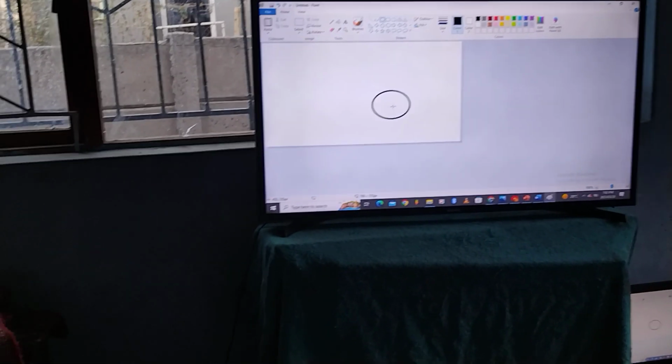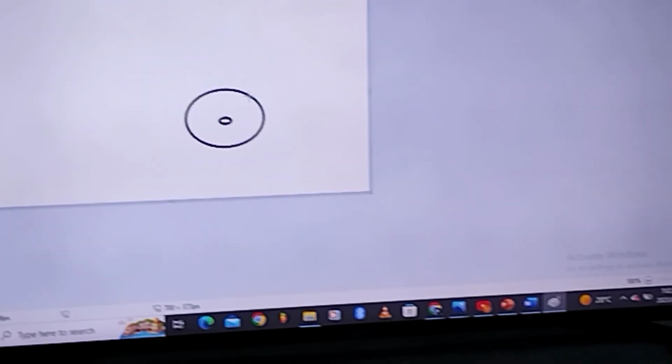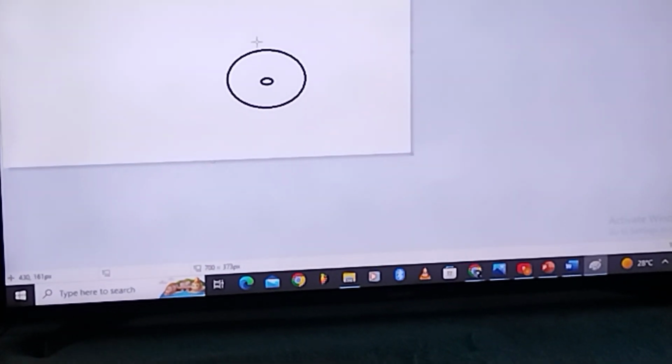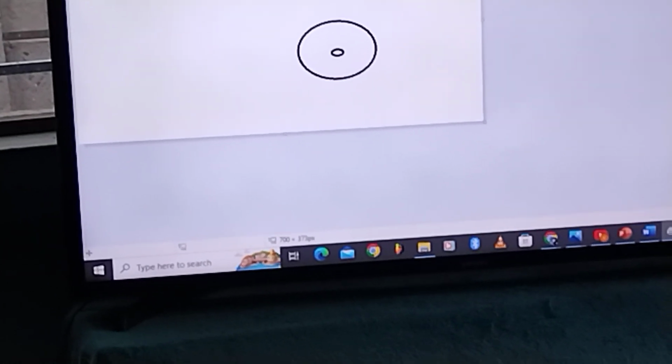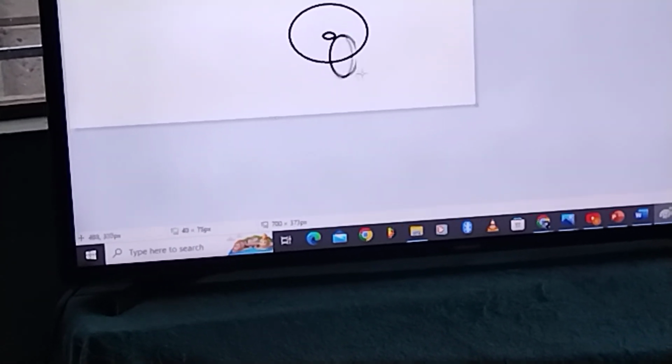Perfect. So now I can erase that. So we can use another shape. Then, okay, let's make another one. Last one. Okay, that is not it.